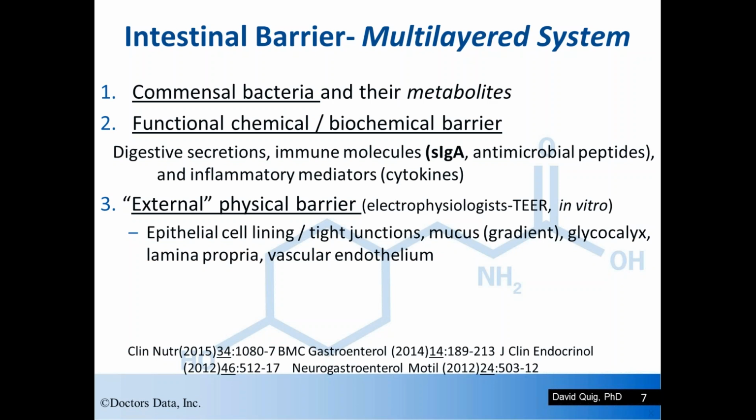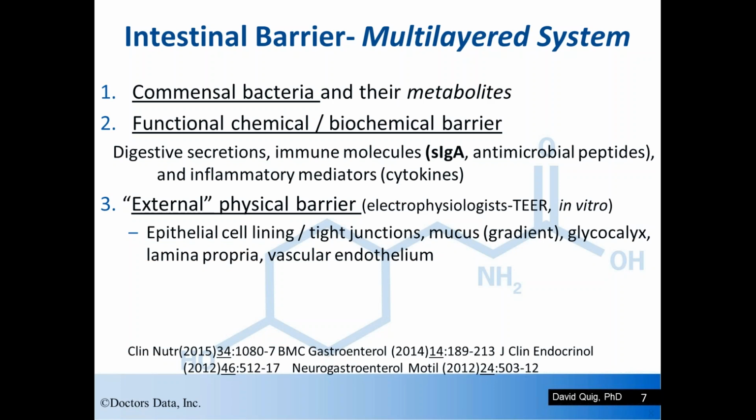And then finally, we have the external physical barrier, which is of greatest interest to electrophysiologists who measure the epithelial permeability using the gold standard in vitro test known as TEER, which stands for trans-epithelial electrical resistance.